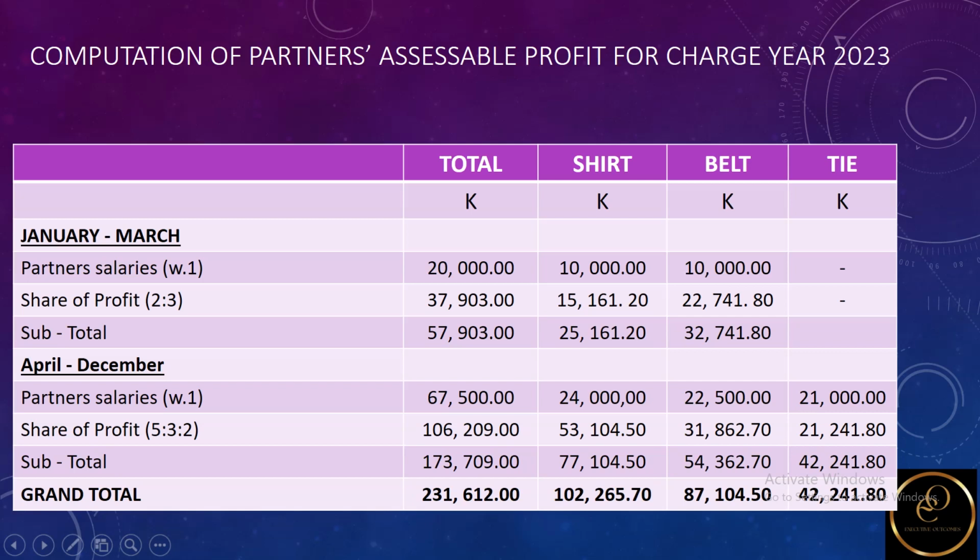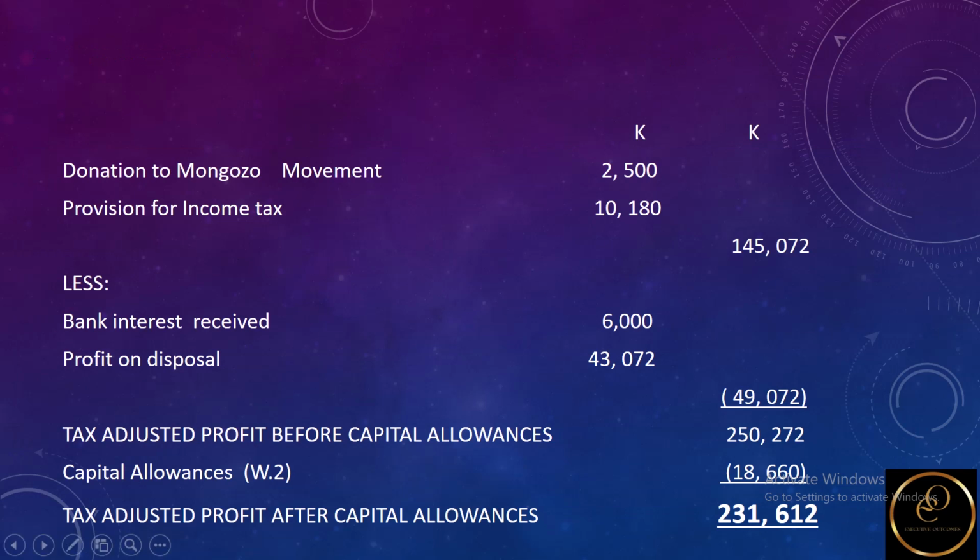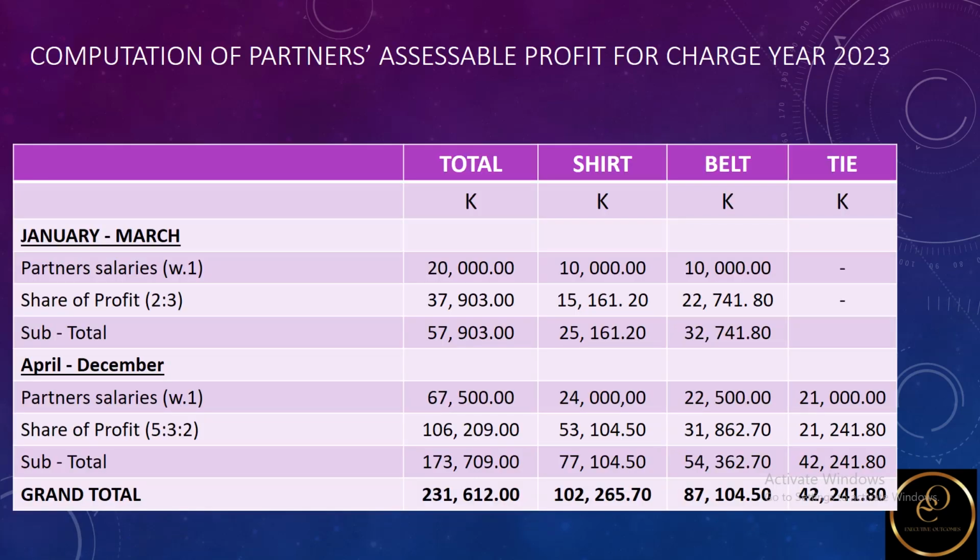Now, where do I get this particular 57,906? For you to get this one, remember that the taxable amount is 231,612 kwacha. Now, there are two notional periods involved.